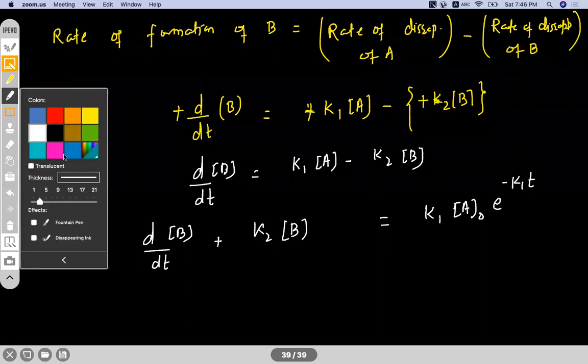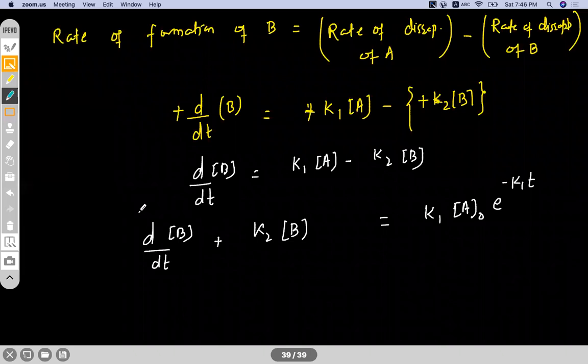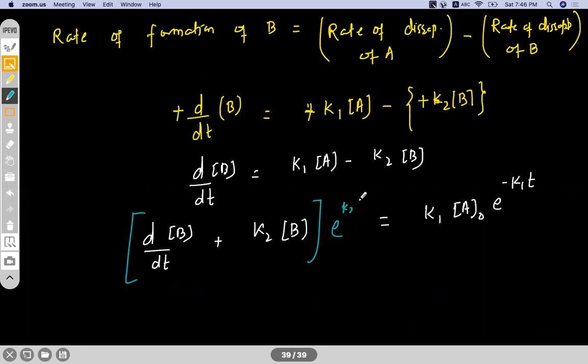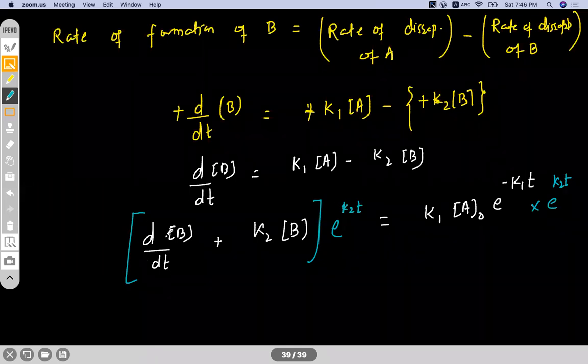What we'll do? To solve this, I'll just multiply here e to the power K2T, and this side also e to the power K2T. Now, could you tell me what is this entire term on the left hand side?